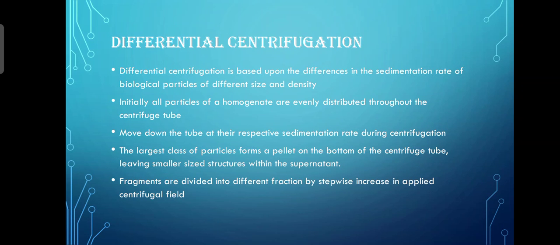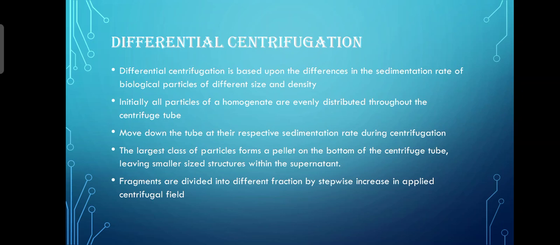Differential centrifugation is a common process in microbiology and cytology. It is based upon the differences in sedimentation rate of biological particles of different sizes and densities. Initially, all particles of the homogenate are evenly distributed throughout the centrifuge tube.